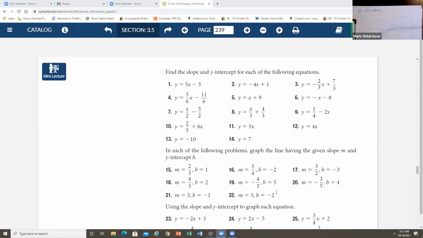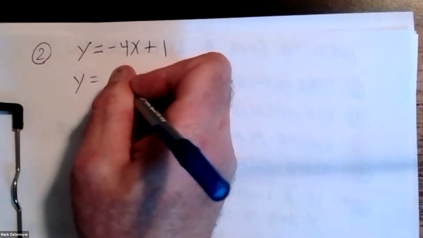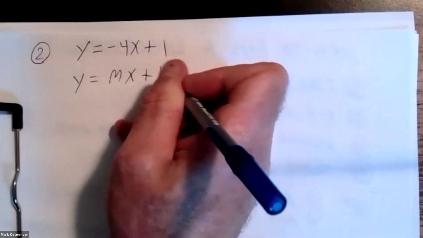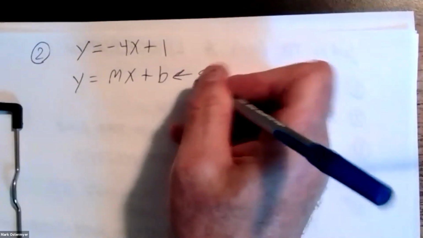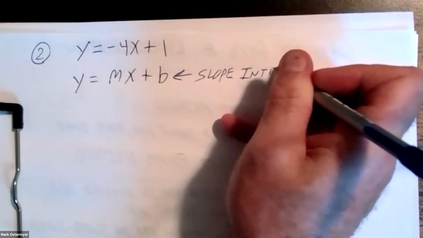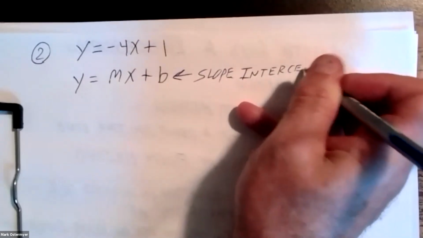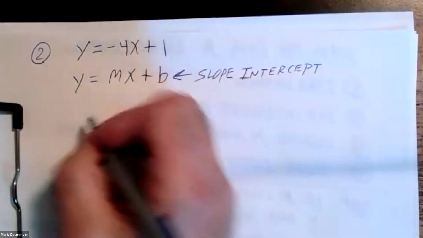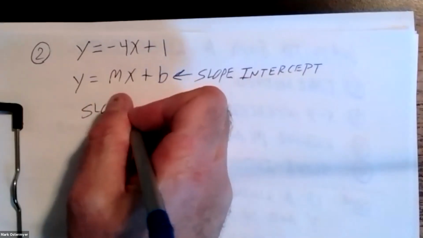Notice that this equation is in strict slope-intercept form, the form y equals mx plus b. Because of that, we should be able to read off the slope of the line and also its y-intercept. What would be the slope of this line?